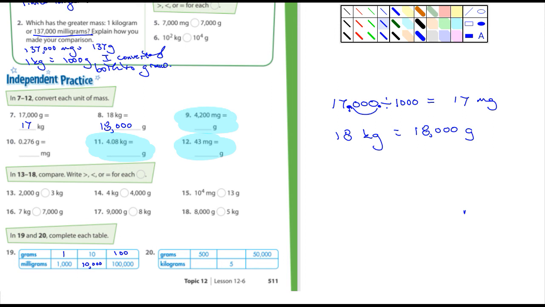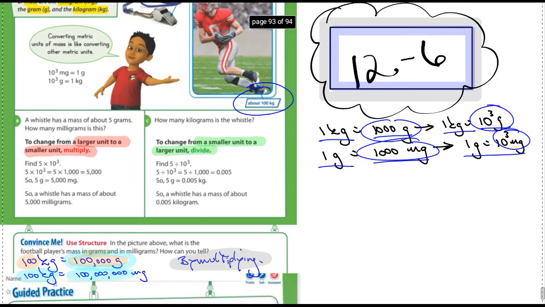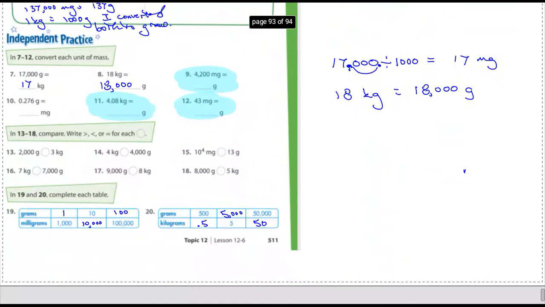A half, or 0.5 kilograms. 5 kilograms would be equivalent to 5,000 grams, and 50,000 grams would be equivalent to 50 kilograms. All right, those I think might help you out with this section 6 here.